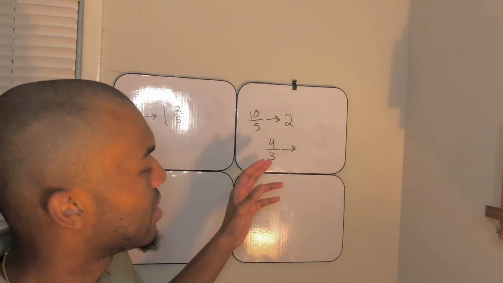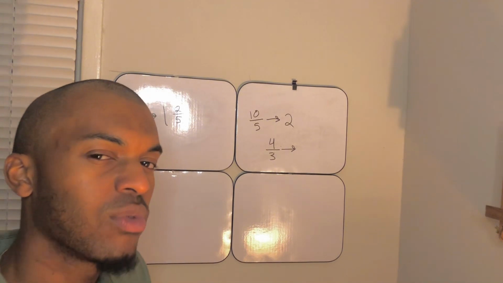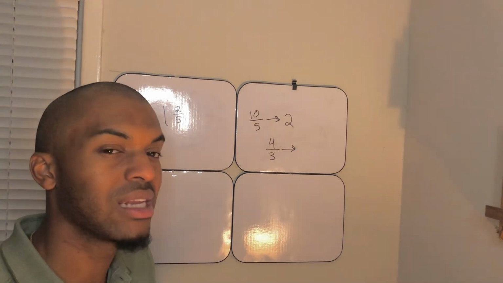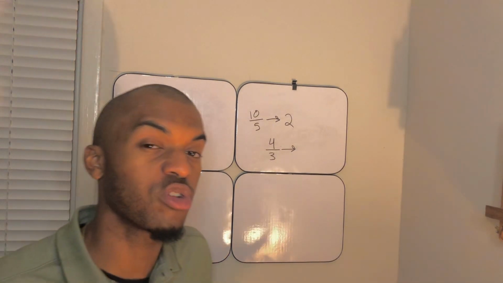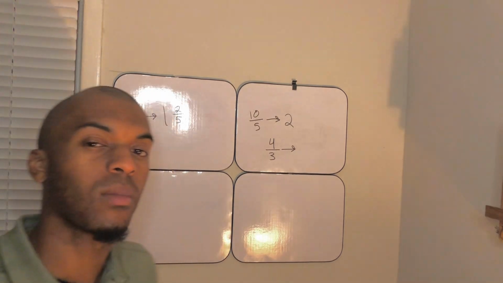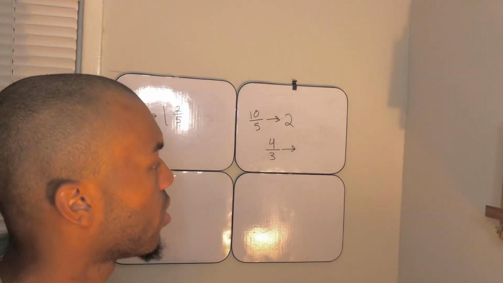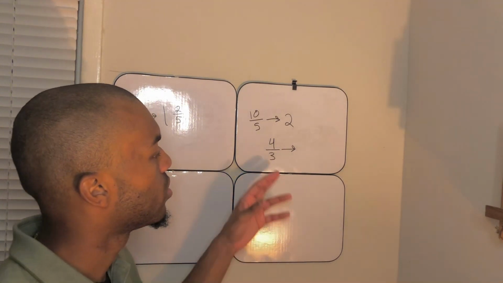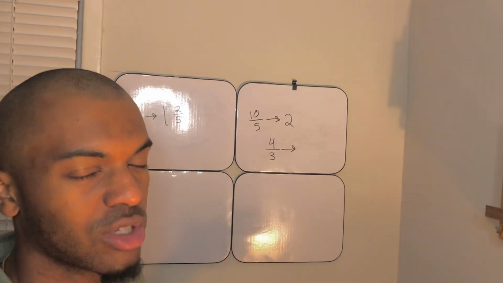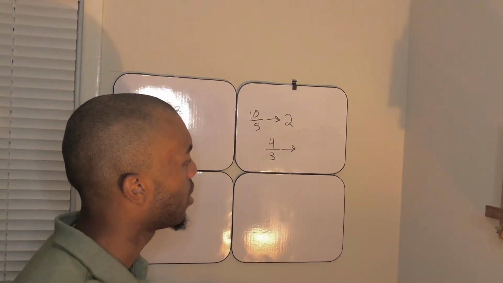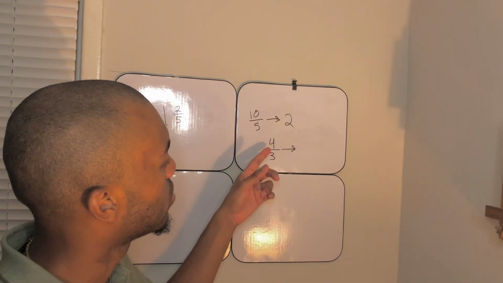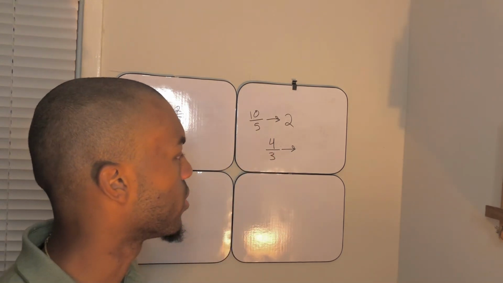What this is saying is that when we started off, we had this thing cut up into 3s. So we want to keep it in terms of 3s. I'll explain that towards the end of the video. So we got 4 over 3.